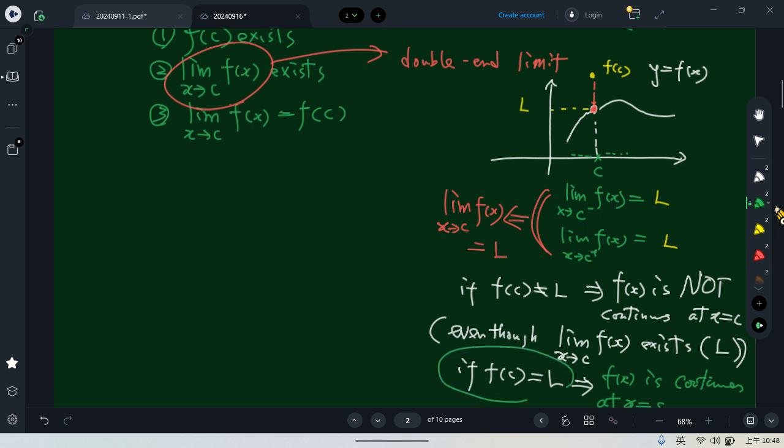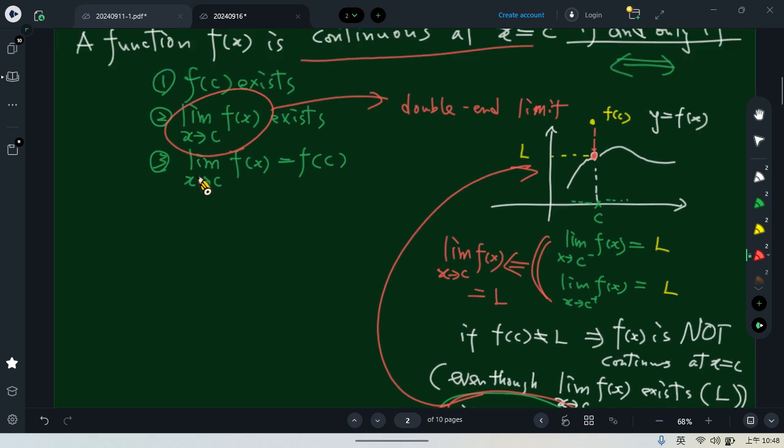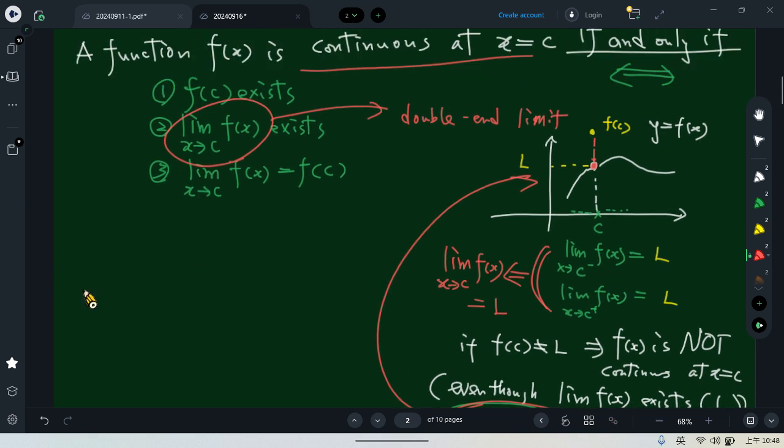But if f of C is different from L, even though the limits exist, we will not say f is continuous at x equal to C. So you need to check these three rules.